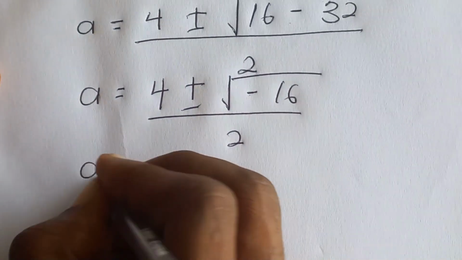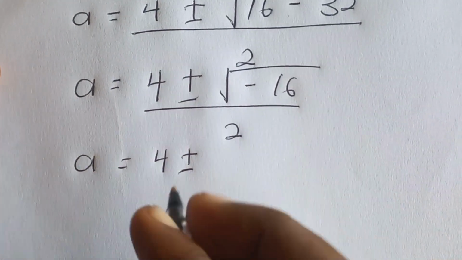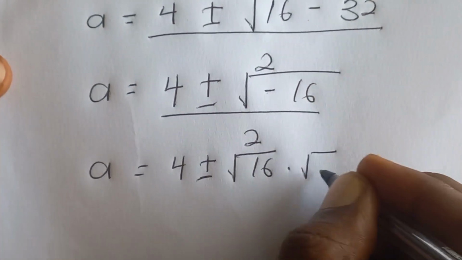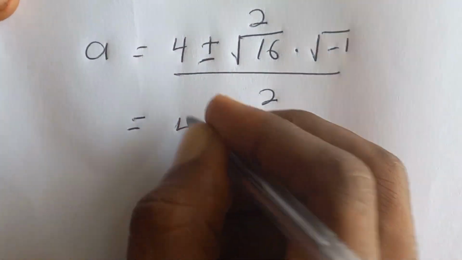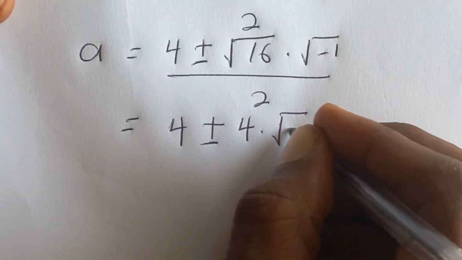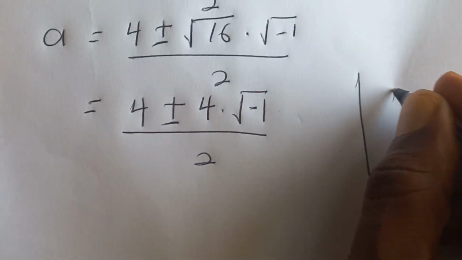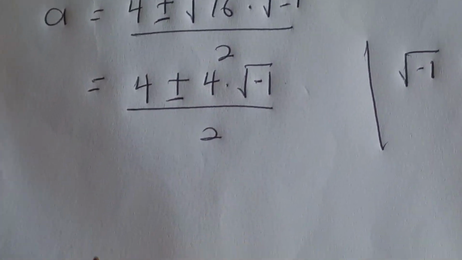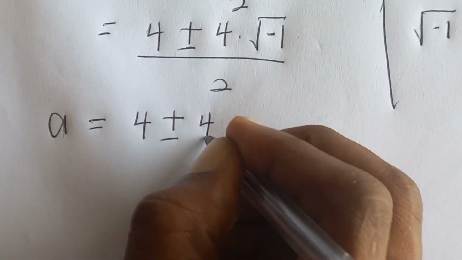So now you can see that our a is equal to 4 plus or minus root 16 multiplied by root -1, all on 2. So which is equal to 4 plus or minus 4 multiplied by root -1, all on 2. And don't forget, root -1 is the same as i.